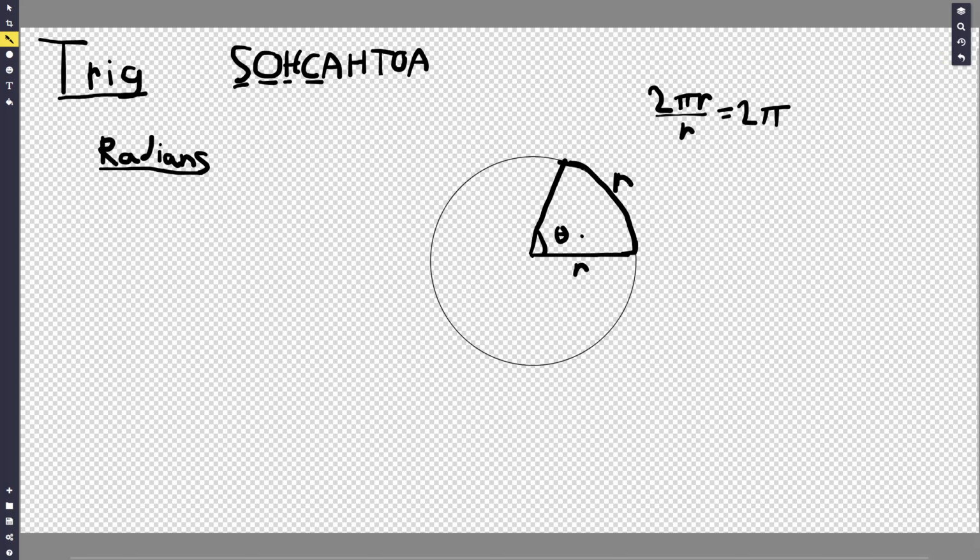That means the number of radians in a circle is 2 pi, and that also means that half of a circle contains pi radians. So we know that 180 degrees is equal to pi radians.